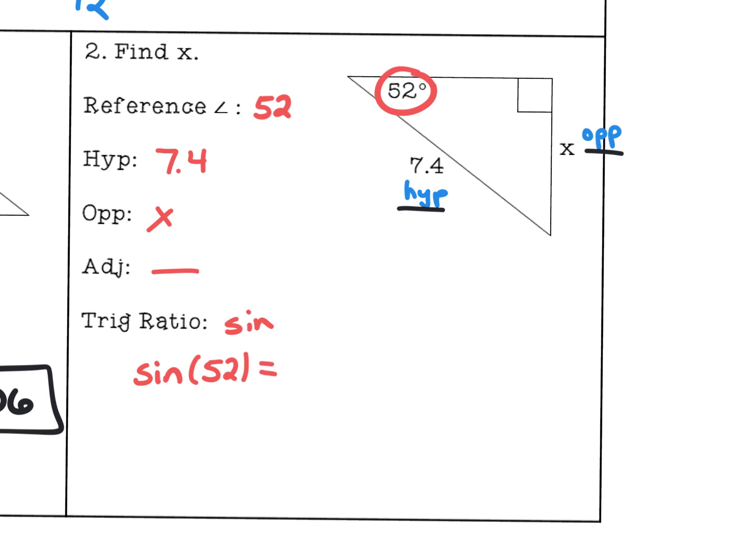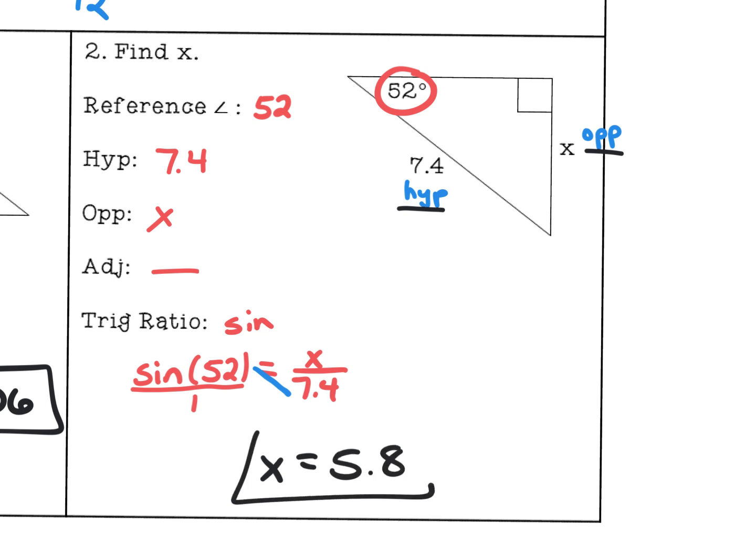What's the ratio? x over 7.4. Again, you can treat this as over 1. What are we going to end up doing with sine of 52 and 7.4? We're going to multiply them together. So sine of 52 times 7.4. Yes, you should get 5.8. I'm not going to be picky about how you round right now.